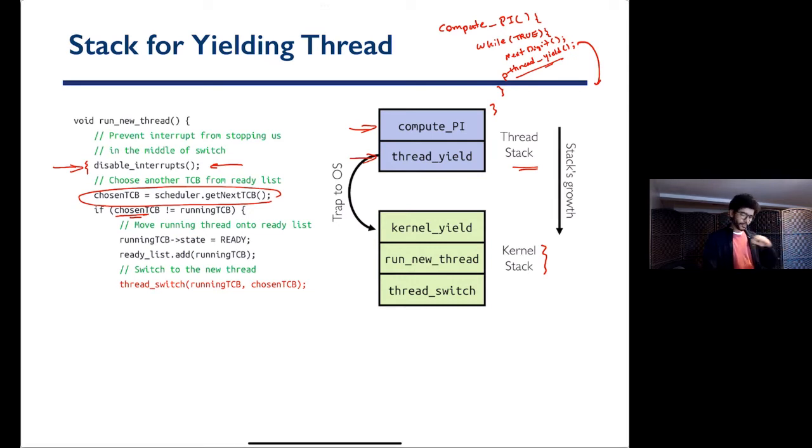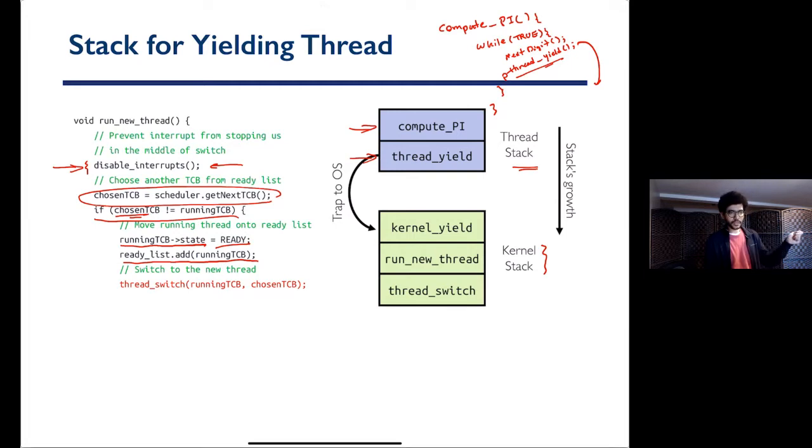But let's say that there is somebody else that we can context switch to. So let's say this chosen TCB is a different TCB than the currently running TCB. In that case, I'm going to change the state of this running TCB to ready because I want to context switch from this guy. So then I add this guy to the list of ready threads.